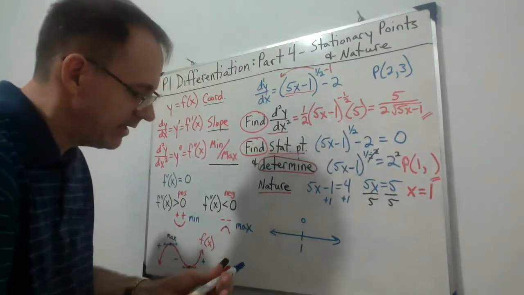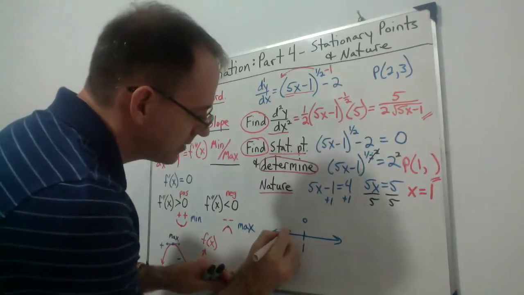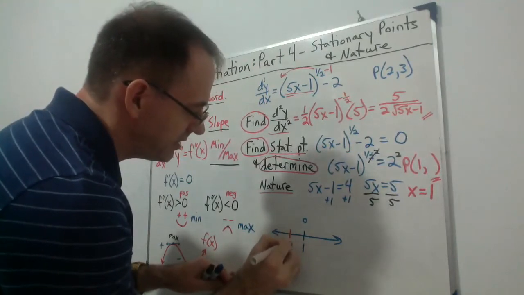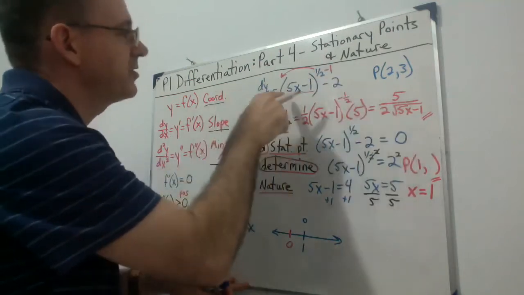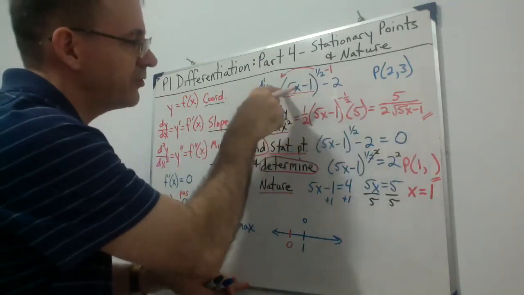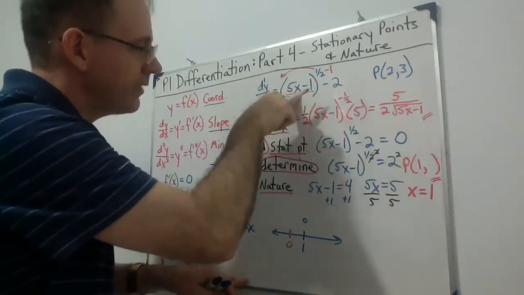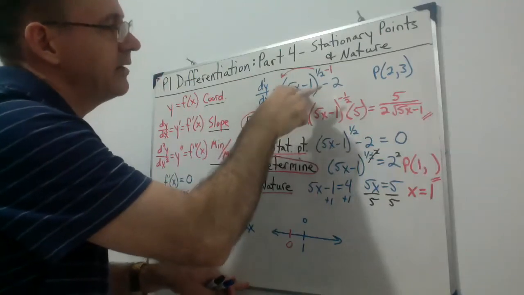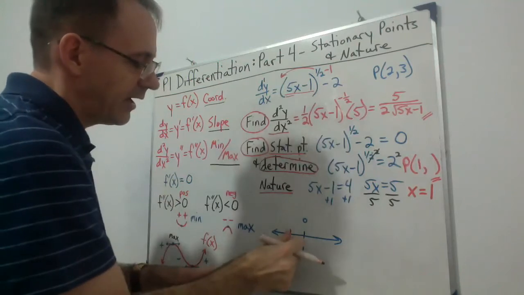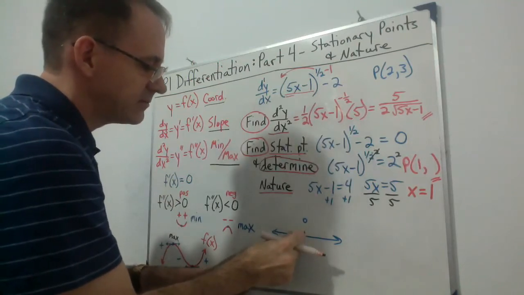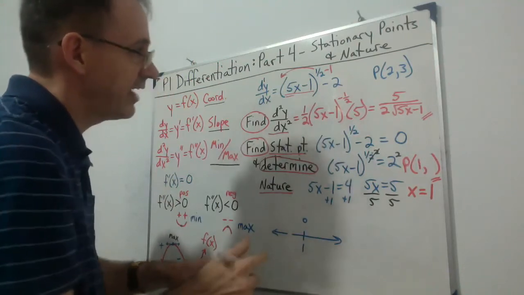So let's say we pick the point 0. It's an easy number to work with. And we plug 0 into the first derivative. We get 0 times 5 is 0. Well, guess what? We can't take the square root of a -1. So it looks like we can't use that.